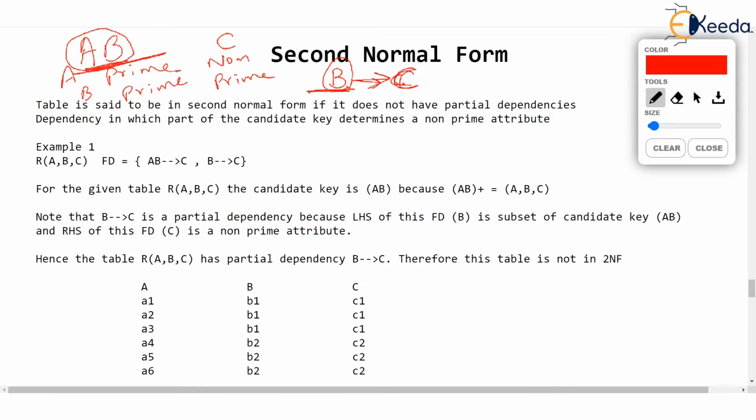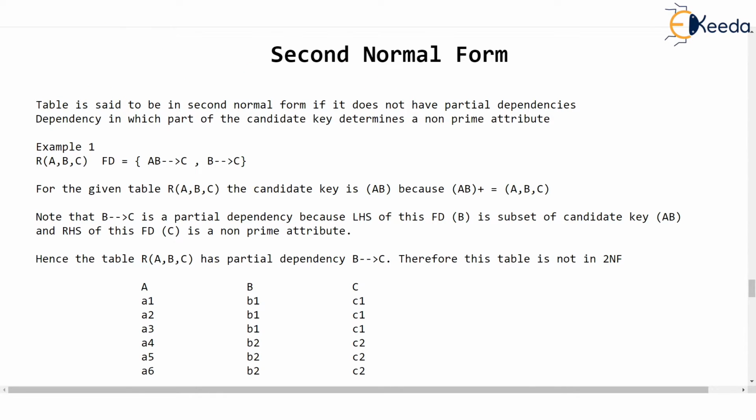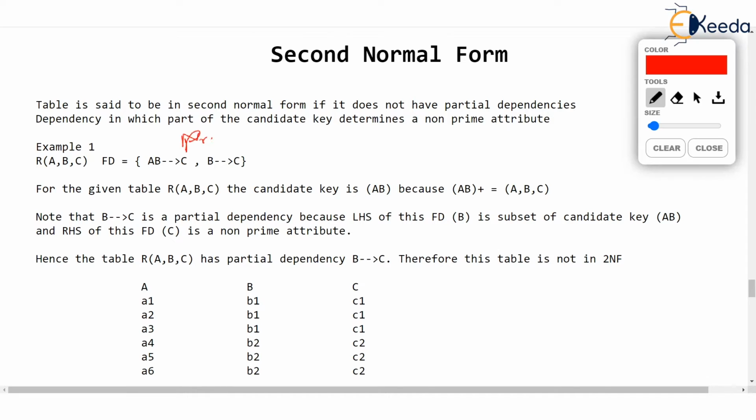So we say whenever a prime attribute determines a non-prime attribute, check the words very carefully, and the prime attribute on the left hand side is a subset of the candidate key.